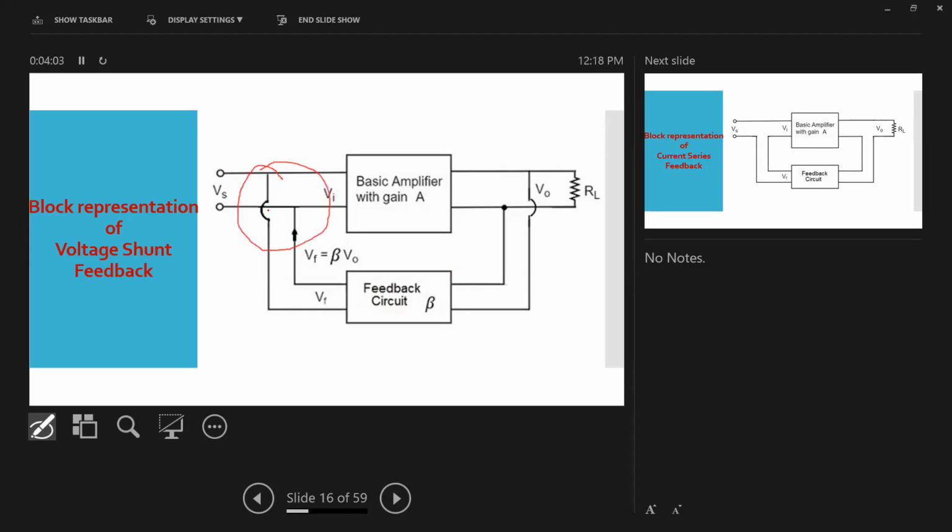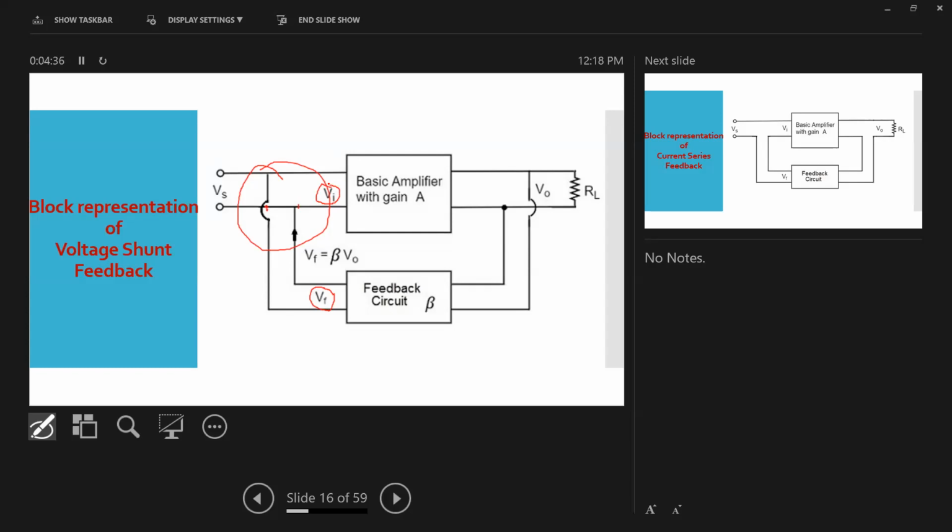In the last session, you have seen that we have connected this feedback voltage, VF, here in the series. If you remember, I asked you to write down the Kirchhoff voltage law equation. That will help you to write down how you get the equation of your input voltage to your amplifier circuit. That was given as a supply voltage plus feedback voltage VF. It could be positive if it is a positive feedback, or it could be negative if it is a negative feedback, right?